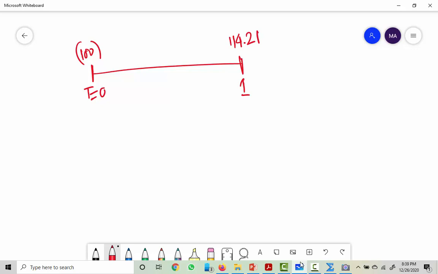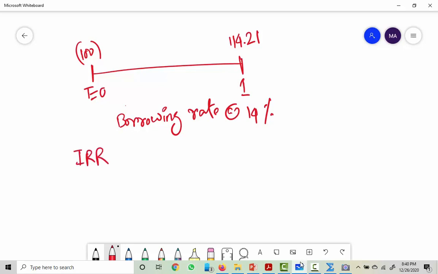Now if your cost of capital, that means if you have invested money in the business by borrowing money from the bank, and the borrowing rate is also 14%, in that case we can easily calculate IRR.